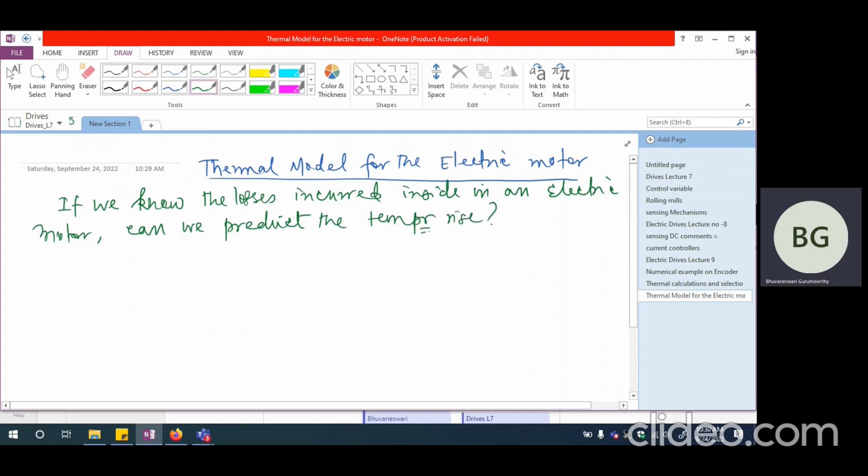This is what we want to know, whether we would be able to predict the temperature rise clearly.